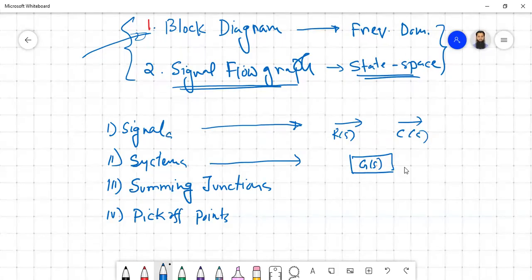The third is the summing junction, which is a new concept.